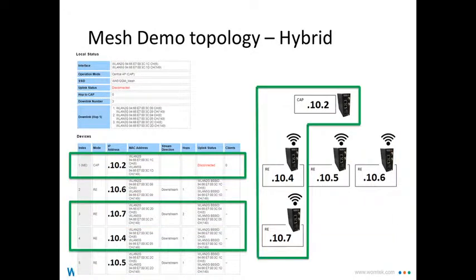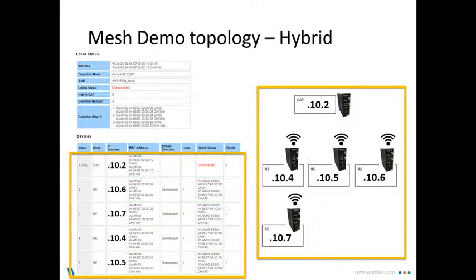The IP address .7 is uplinked to .4, and .4 is uplinked to the CAP .2. So .2, .4, .7, the three WA512GM, form a daisy chain topology, and the entire topology is a tree.